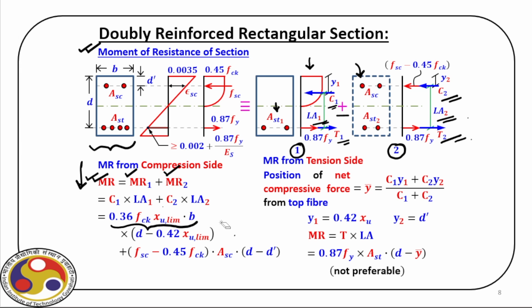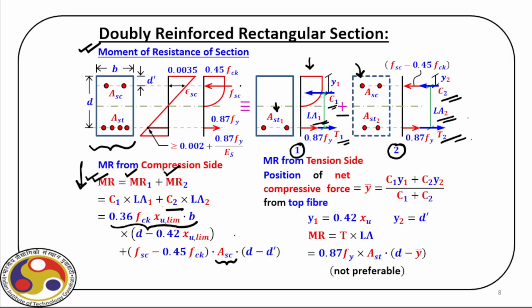For the second part, we find out the stress along the compression fiber, and this is FSC minus 0.45 FCK. That is multiplied by the area of steel in the compression zone. So that is the force, and the lever arm is D minus D prime.